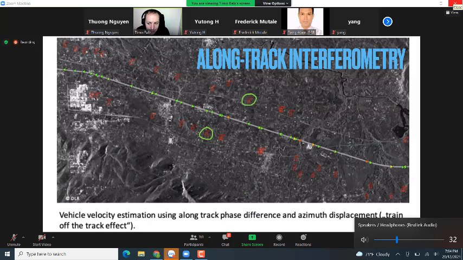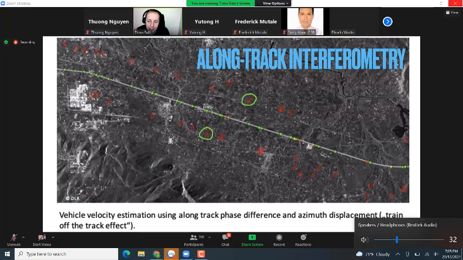What we can do then, by looking with along-track interferometry, we're looking now at pixels that have a phase difference between them in this very short time, right? And these are then fast moving objects. And now we can identify these fast moving objects, even if they are not on the road. We can identify them by having a phase difference between them.